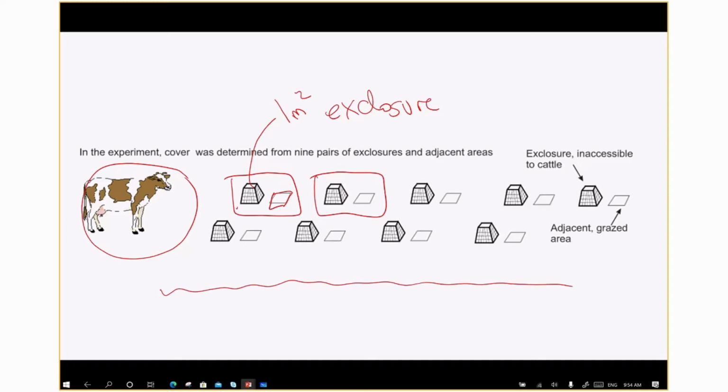For each one of these 9 paired plots, we're going to calculate the difference in plant cover, the delta in plant cover, and based on those 9 samples, we're going to try to draw a conclusion as to whether or not the cows are having a negative impact on plant cover.